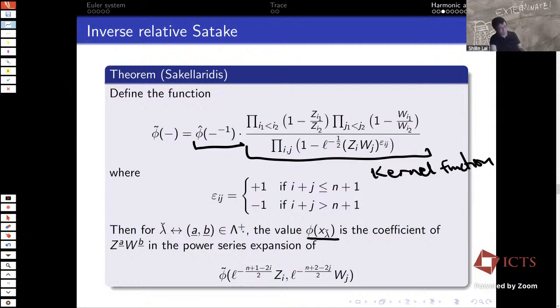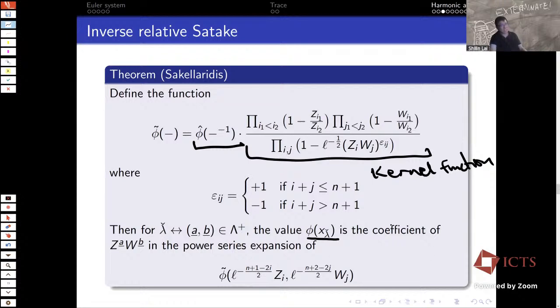The inversion formula was written as an integral over a torus. But of course, integrating over a torus just corresponds to expanding the thing into a formal power series and taking the residue term, the coefficient of degree -1.